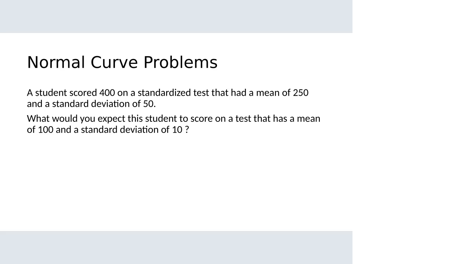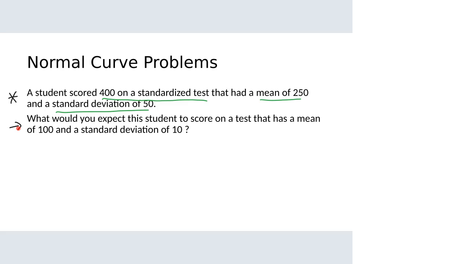Well, the idea here is they're over the same content, and so we expect the student to do just as well on the second test as they did on the first one. We're going to be able to use these results to predict what's going to happen here.